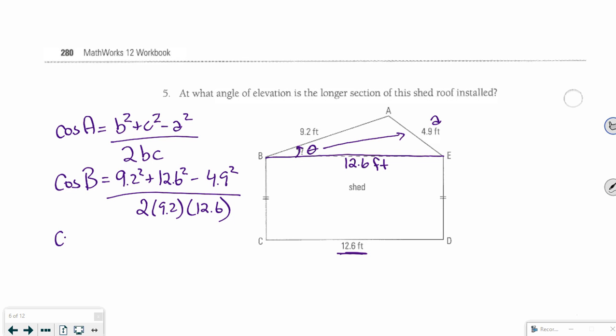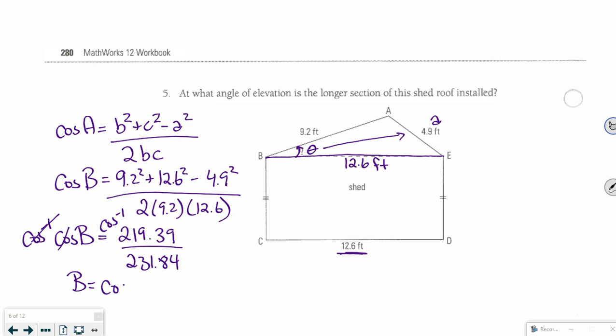So cos B, when we simplify the top and bottom, is going to be 219.39 divided by 231.84. And then the inverse cos to get the B by itself.